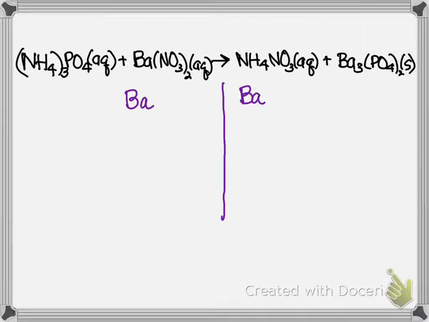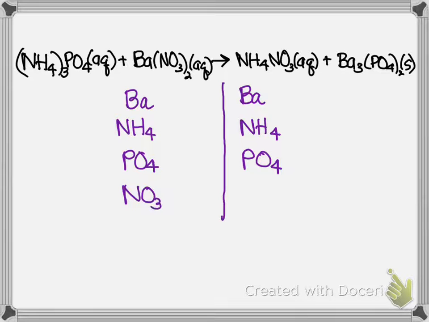I like to do my metals first, and then I'll just go in order that I see them from left to right. So I'll balance the ammonium, I'll balance the phosphate, and then I'll balance the nitrate. And the polyatomic ions, I just started on the left and wrote them from left to right. So the order truly in balancing is not ultimately important.